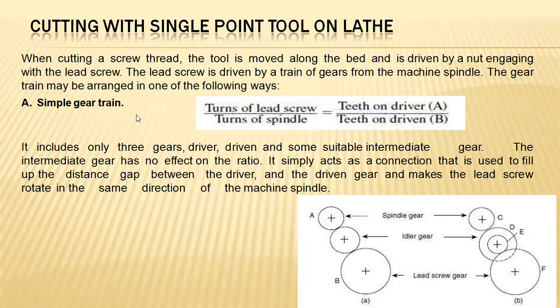That is a simple gear train that we can characterize as the turns of the lead screw by turns of the spindle. Particularly, we will be calling it teeth on driver by teeth on driven. And hence, this is an ideal gear that will be utilized for having its rotation.